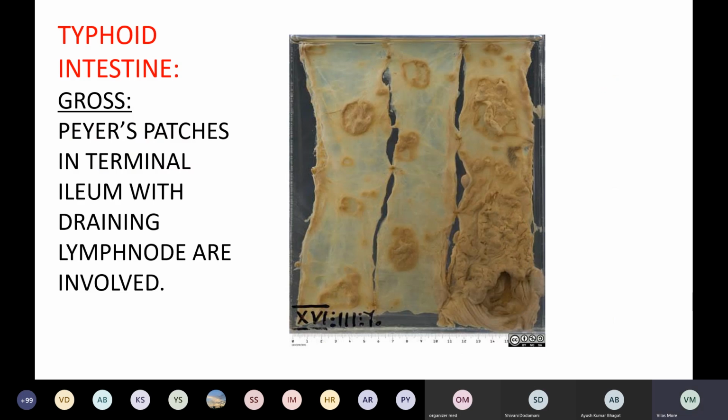Next, the infectious lesions in the intestine. The first is typhoid infection, that is enteric fever, caused by Salmonella typhi and paratyphi. The Salmonella infection usually affects the Peyer's patches in the terminal ileum, and the draining lymph nodes are involved. The alignment of the Peyer's patches is parallel to the long axis of the intestine.